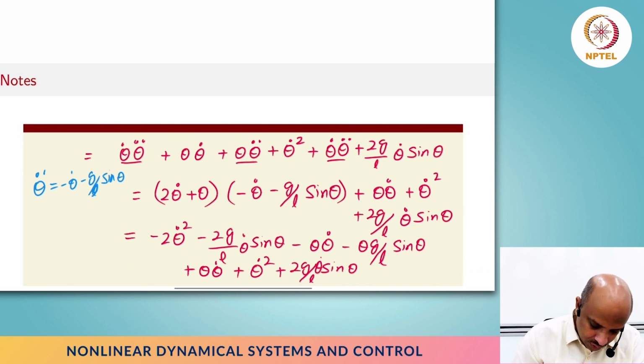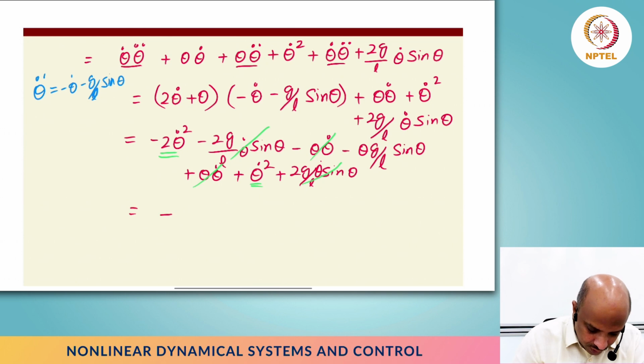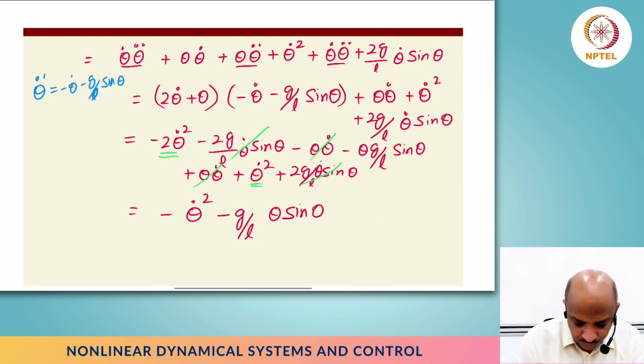So we will be able to cancel this and this and this and this, and this and this will simplify to minus theta dot square. So eventually we get minus theta dot square minus g over L theta sine theta.